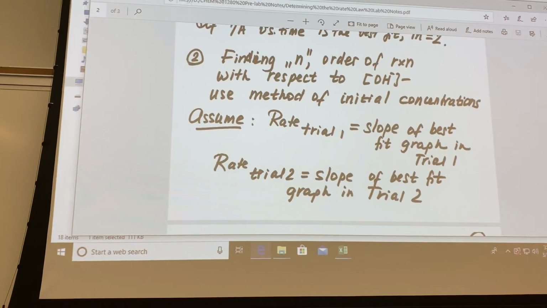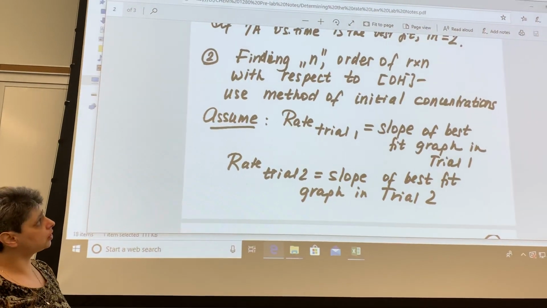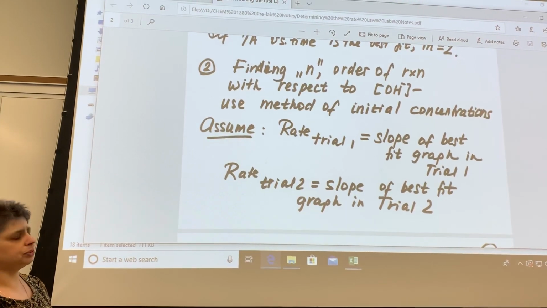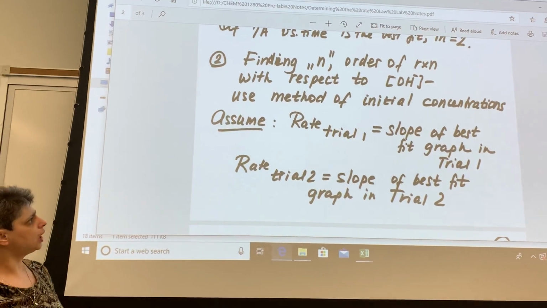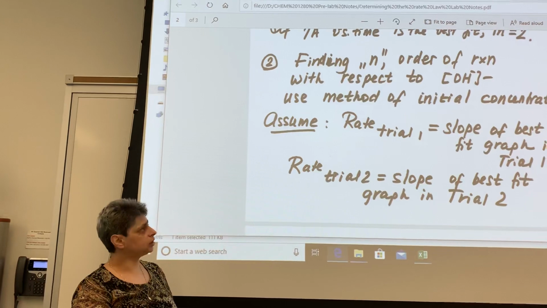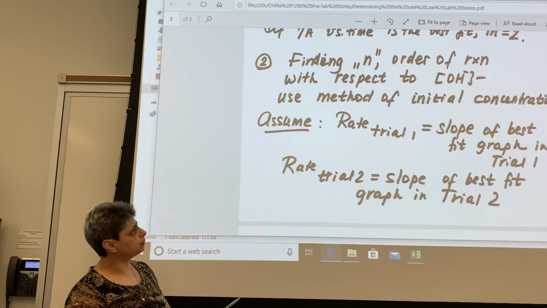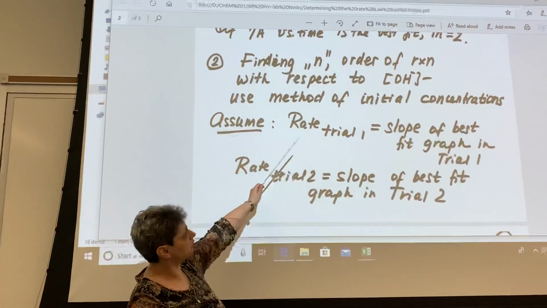So next we're going to talk about n, which is the order of reaction with respect to hydroxide ion. And here we're using a very different approach. Hydroxide, of course, is colorless, and therefore we would not expect it to absorb light, so we have to use a different approach. This different approach is called the method of initial concentration.